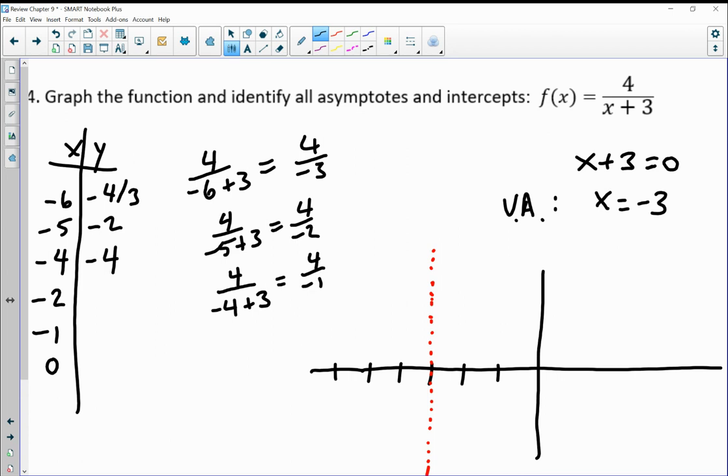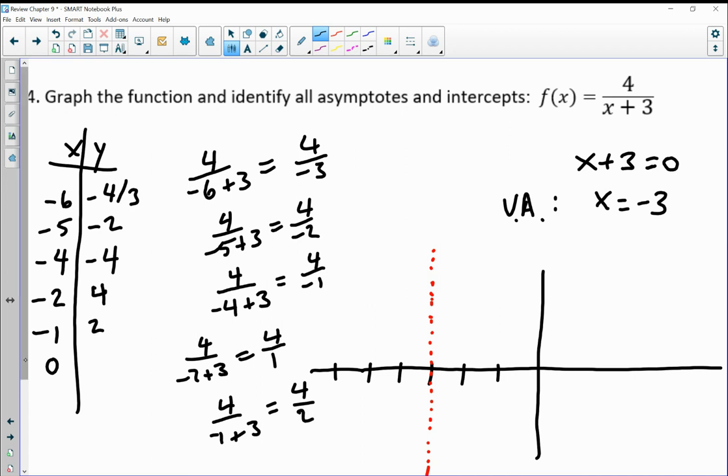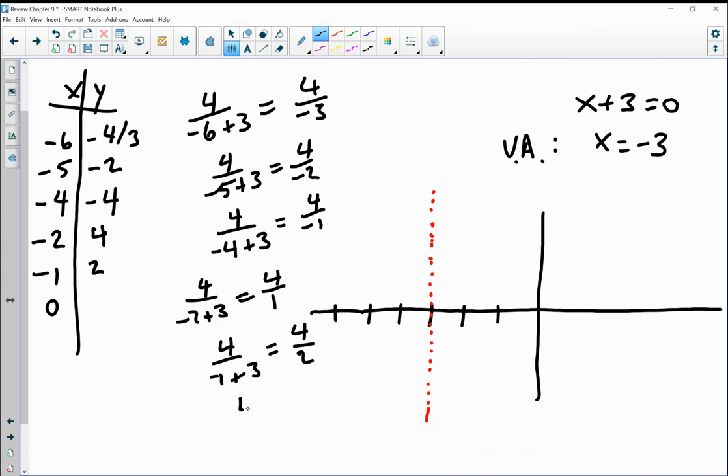Let's plug in negative 2: 4 over negative 2 plus 3, so that's 4 over 1, positive 4. 4 over negative 1 plus 3 is 4 over 2, so a result of 2. And then 4 over 0 plus 3 gives us 4 thirds.